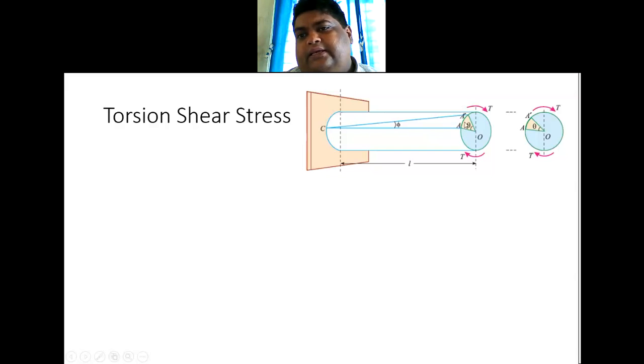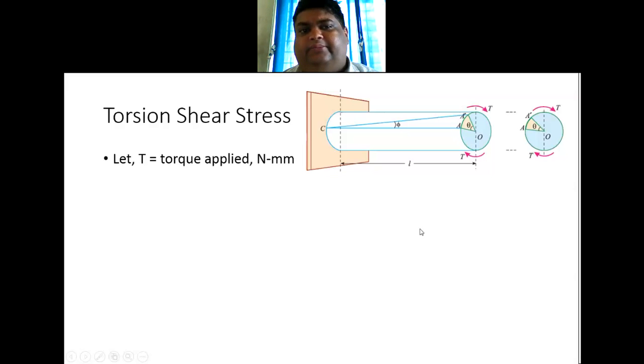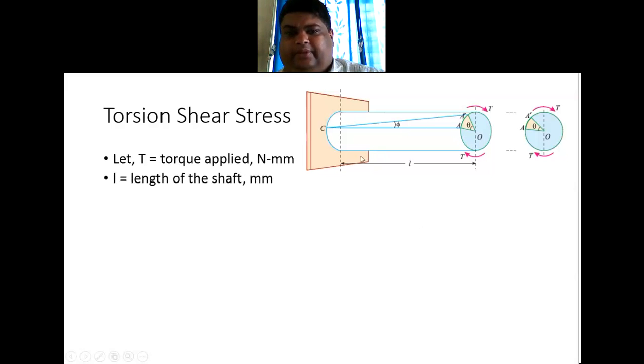This CA is shifted to CA dash. That means there is a twist in the shaft, and this twist angle is phi, and at the center of the shaft it is theta here, right? So with this arrangement, let us try to derive the expression. Let T be the torque applied, L is the length of the shaft, R is the radius of the shaft.